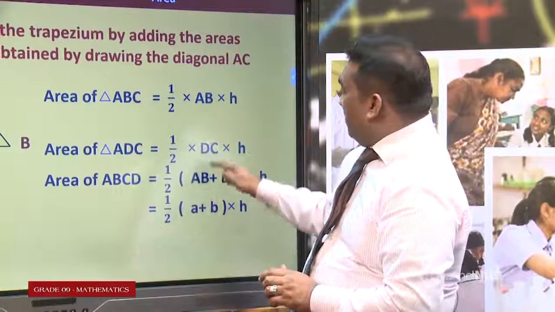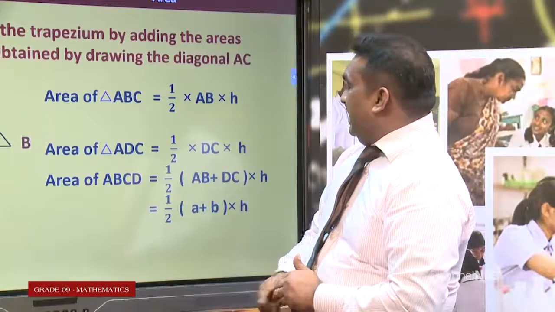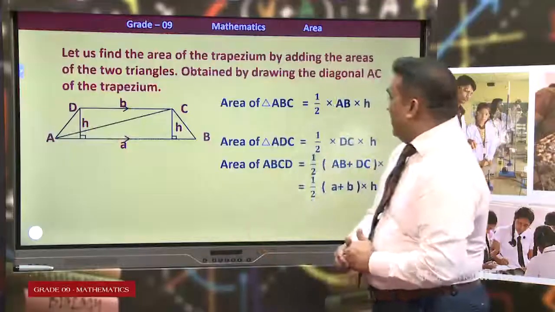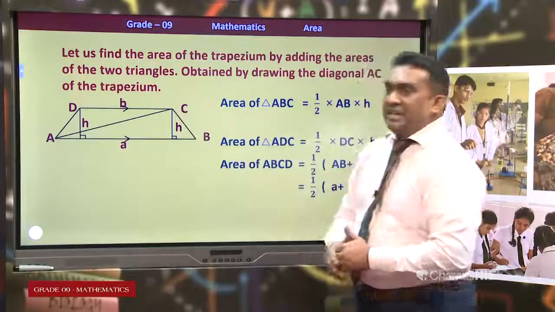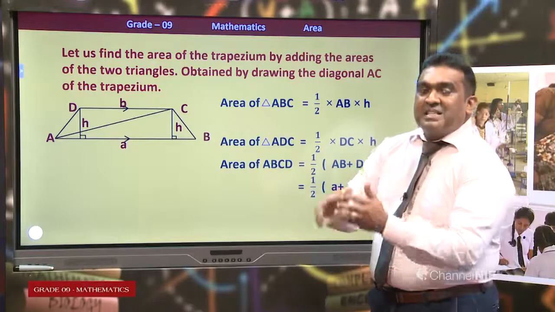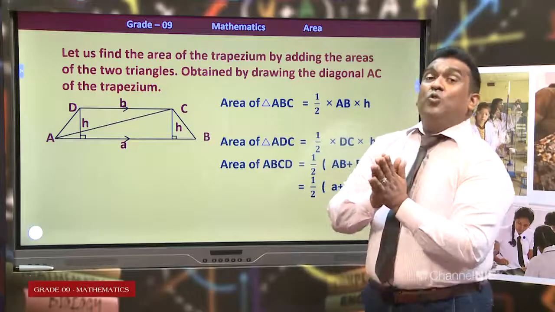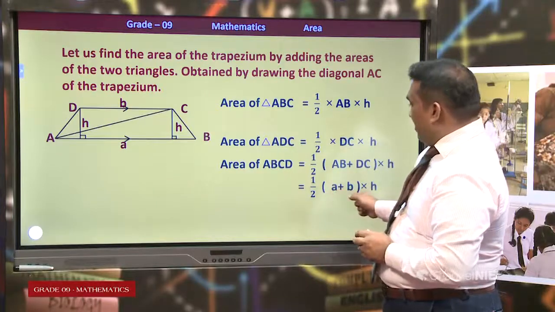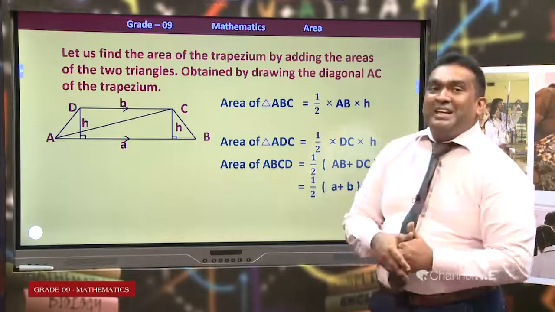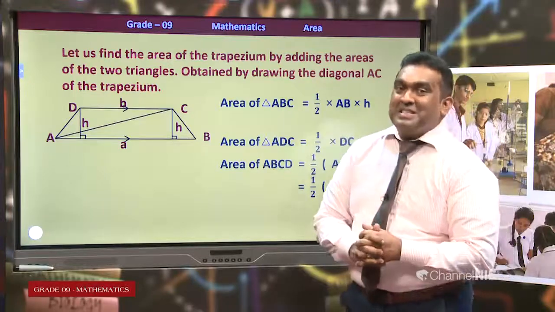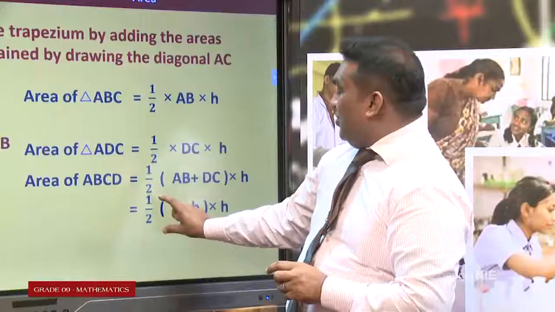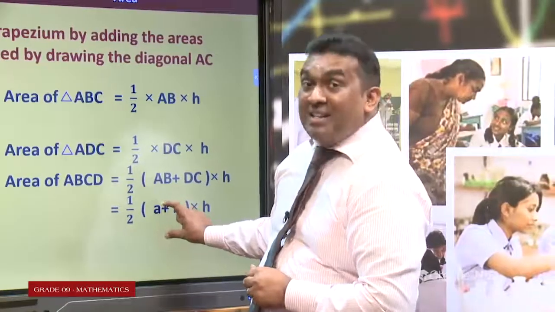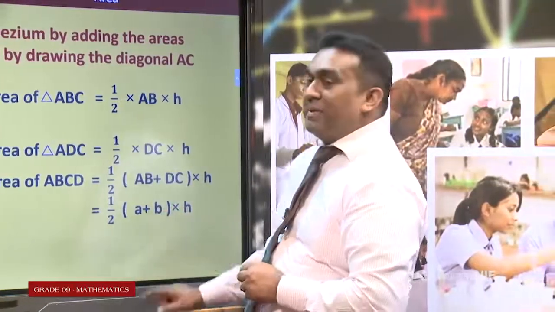Now, AB plus DC, where AB is simply a, DC is simply b. Then the sum of lengths of two parallel sides. Now, the formula for the area of the trapezium is half into the sum of lengths of two parallel lines into perpendicular height.